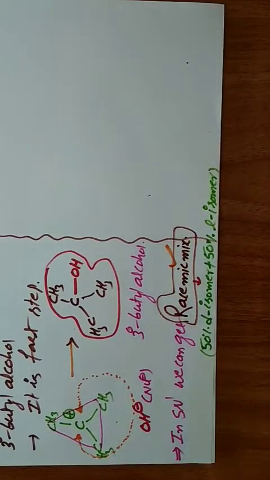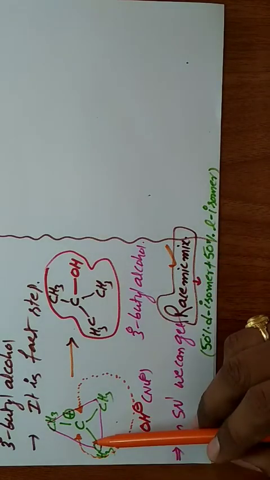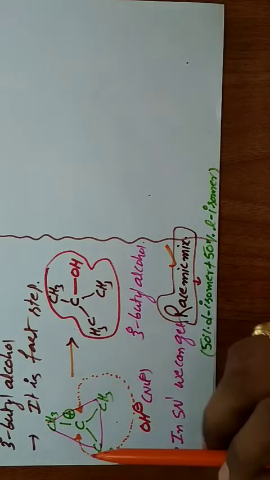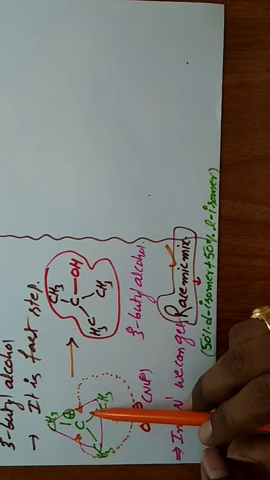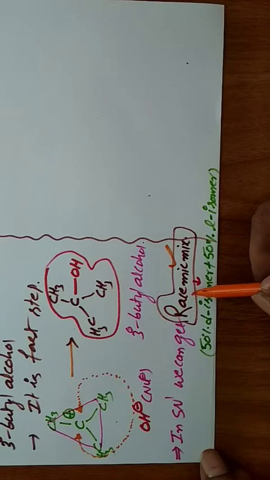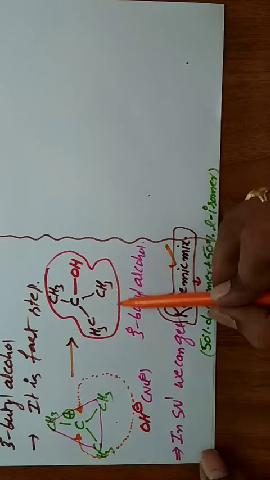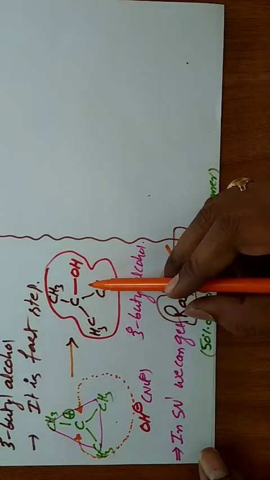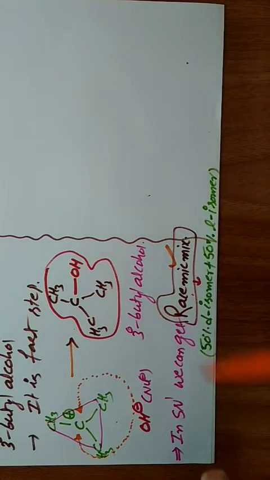Reason: this nucleophile attacks this carbon on both sides. If this carbon is an asymmetric carbon, then only we can get a racemic mixture. In this example, this carbon is not an asymmetric carbon. That's why we mention only one product. This one. So this is step 1.